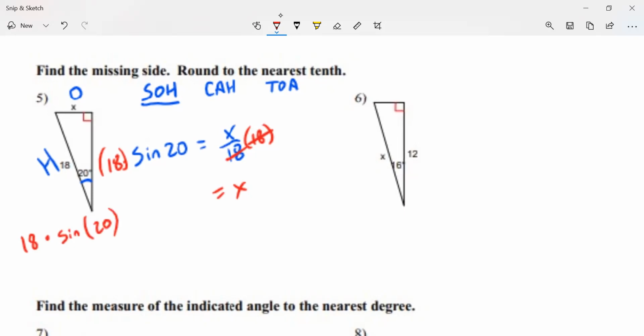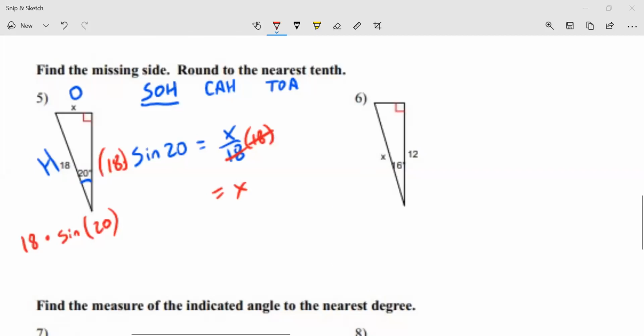Now, one big thing, make sure you have this on degrees, because that's what we're measuring with. I believe it starts on radians, so make sure you change it to degrees.